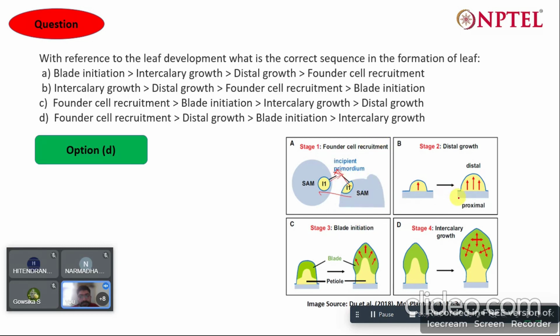Then there is distal growth of the cells from the primordia. Then there is blade initiation, that is, first the blade of the leaf is formed, and after that there is intercalary growth of the leaf. So these are the steps followed in leaf development. Okay, so any doubts in this question?